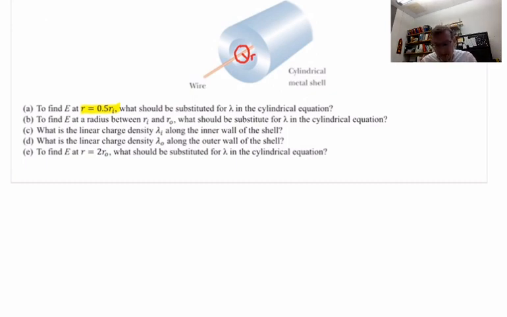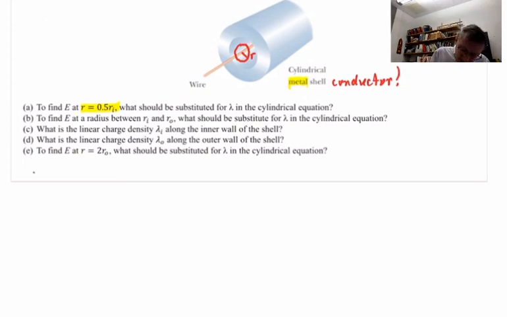So we're in this area that you might call a gap, the hollow region between the wire and where the metal shell begins. Notice, by the way, metal shell means conductor. Important. If we're going to use the cylindrical equation to get the E there, we know its direction will be radially away from the wire because the wire is positively charged.